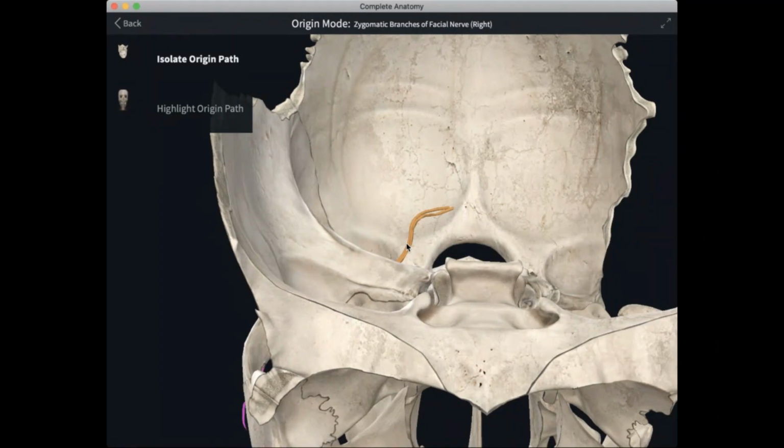The motor function is supplying the muscles of facial expression. The autonomic function is supplying the parotid gland. Whenever you see or smell some delicious food, salivation starts automatically. That is a function of the facial nerve.